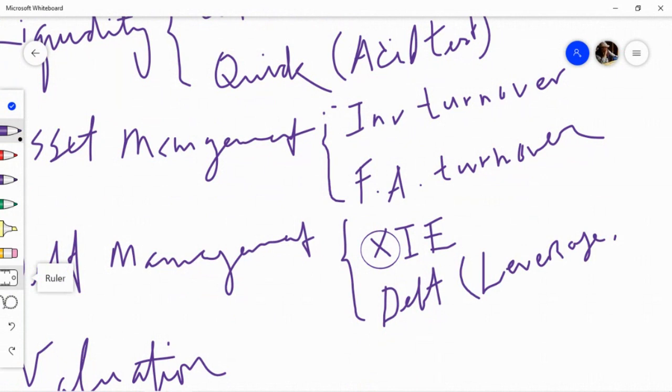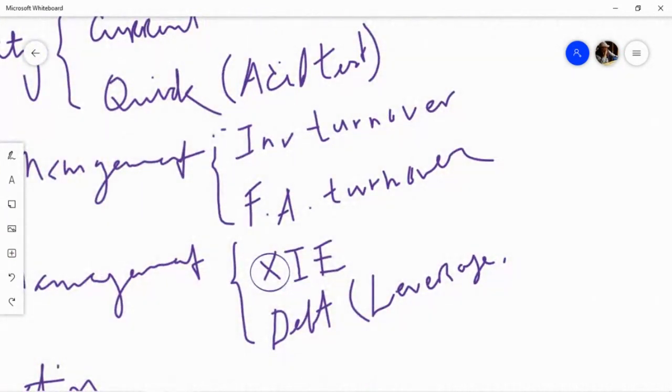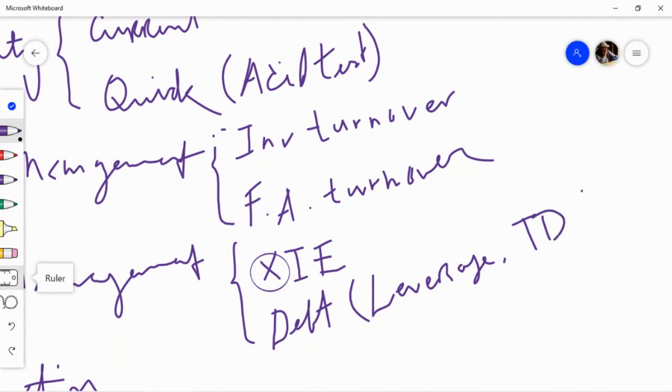But that's obvious, right? Obviously from the name you can tell it is the ratio between total debt and total assets.